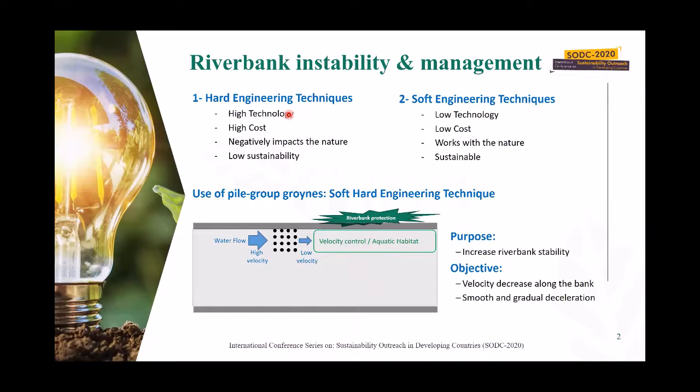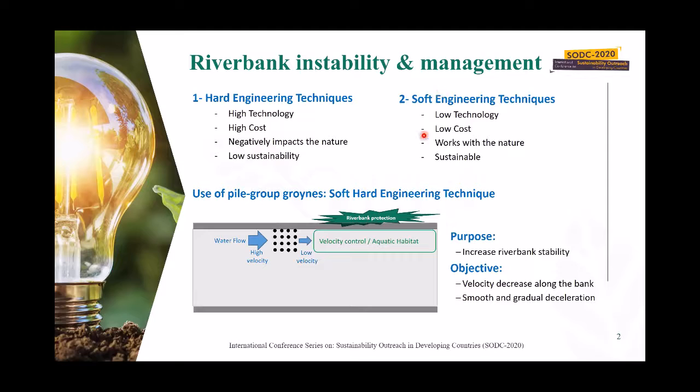Hard engineering techniques include construction of gabions or groynes, which is also called spur or protective walls along the riverbank, and revetment or riprap structures, which require high technology, high cost, and also the man-made structures obviously have negative impacts on the nature, which results in low sustainability of this technique.